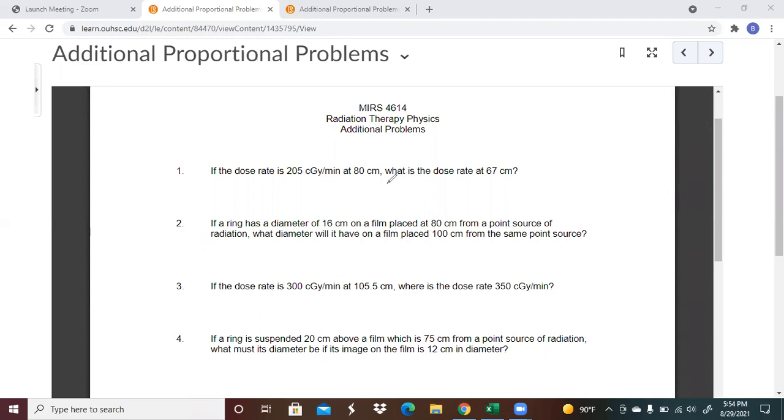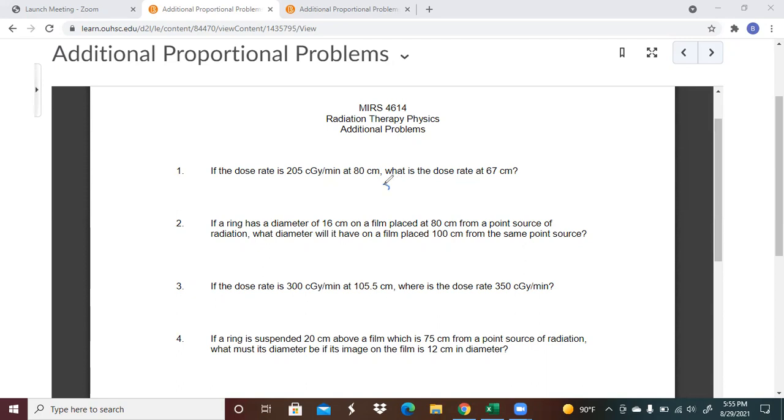The difference is that if you're dealing with a dose rate, you're going to be looking at squared distances. If you're looking at just diameters, you're going to be doing similar triangles, which means that the distances aren't squared. So something to bear in mind here.